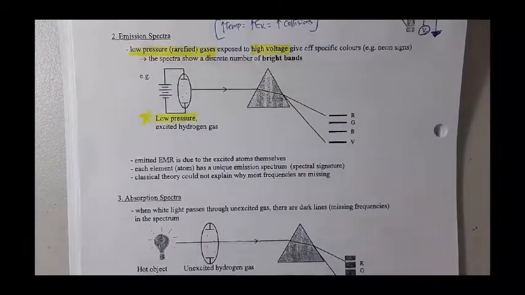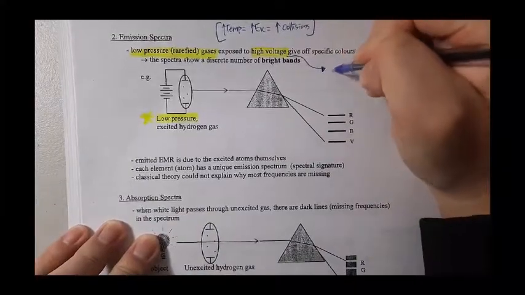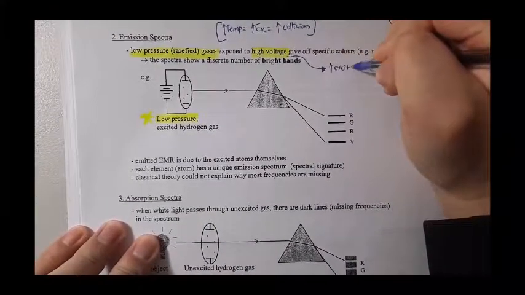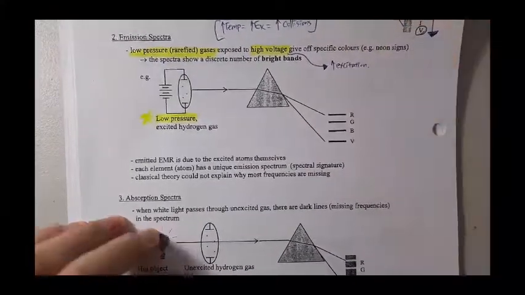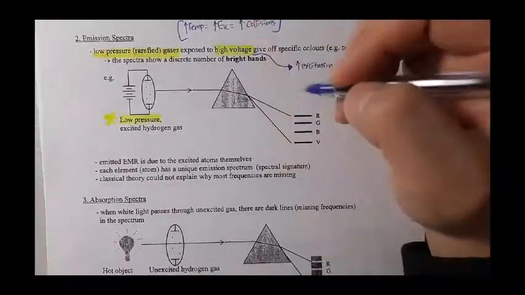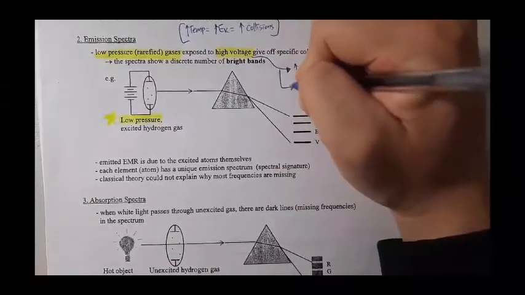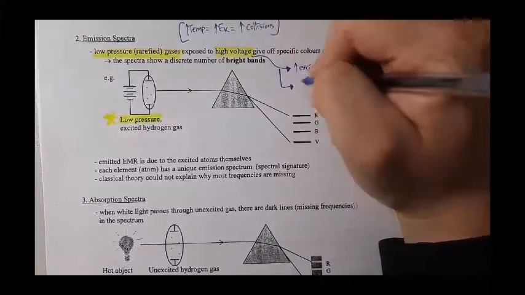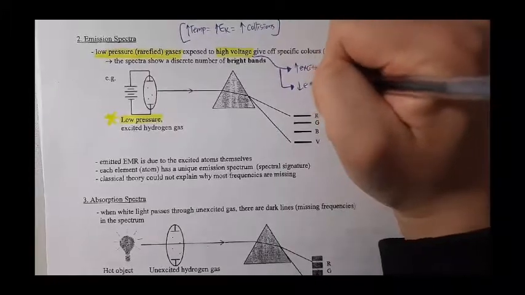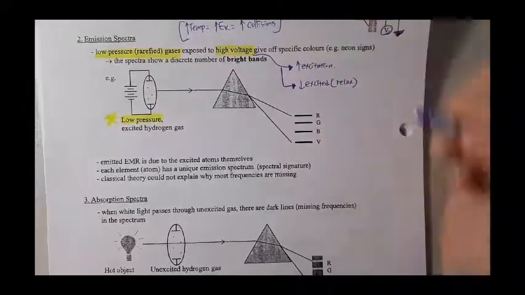Now, if there's a high voltage happening, I want you to think about high excitation. Then, if something is excited, you will know that I'm talking about a time situation. As time goes, you're going to be less excited, which is a relaxed situation.